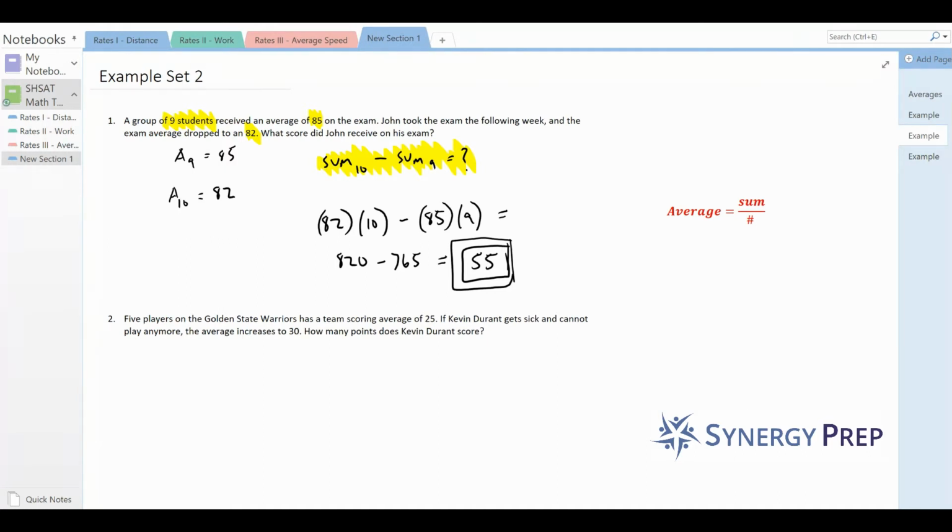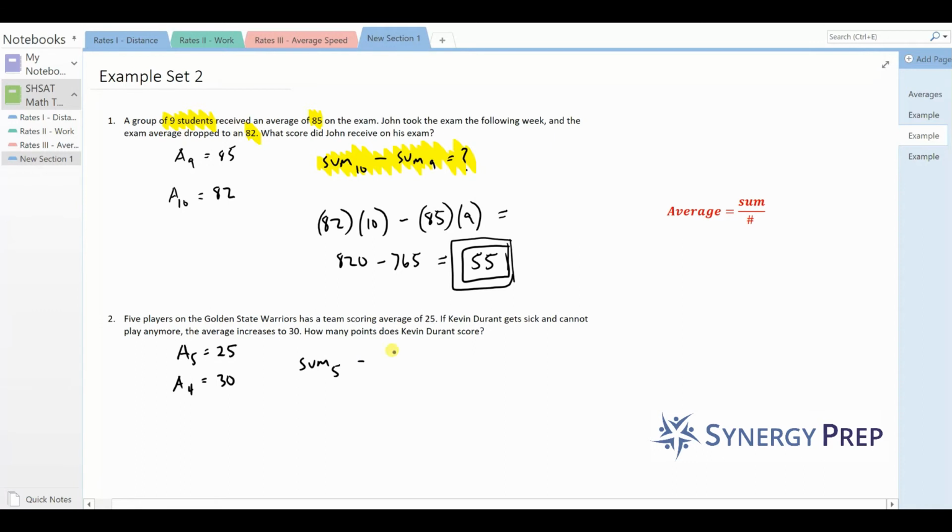5 players on the Golden State Warriors have a team scoring average of 25. Okay, so you have 5. So the average of 5 is 25. Kevin Durant gets sick and cannot play anymore. The average increases to 30. So he was playing really poorly. So if one person is removed, it's going to be 4 people with an average of 30. So again, this time around, it's always going to be the bigger sum, right? The larger number of players.